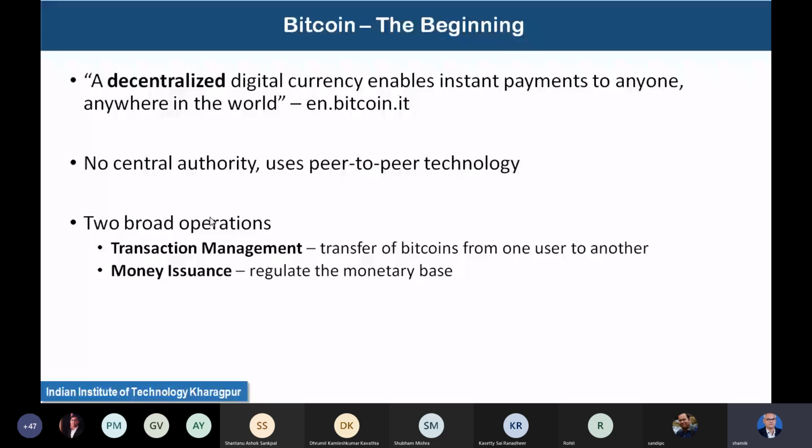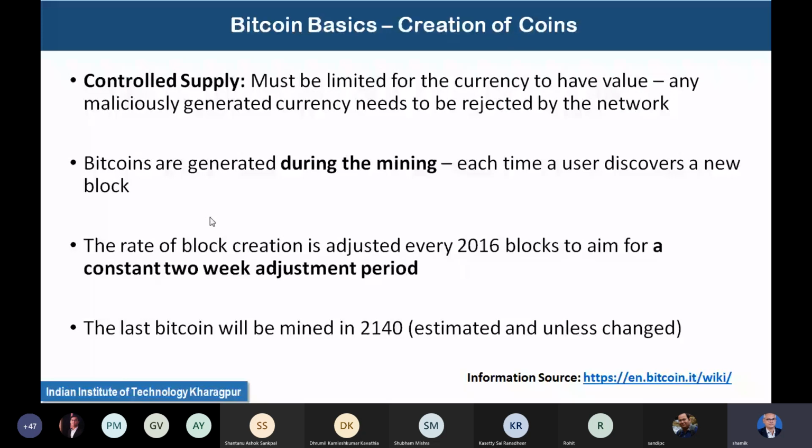There are two broad operations. The transaction management part is what we have seen, the transfer of Bitcoins. The other part is the money issuance, that is the monetary base, and how it is regulated. So that answers the question. There is a bit of economics in it, and we are not going to go into details of it. The most important reason is that I do not have the expertise to explain it in terms of economics.